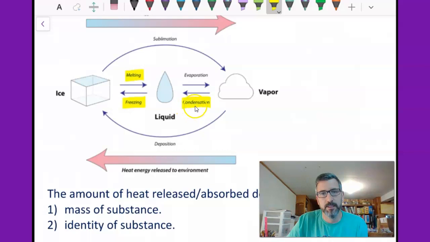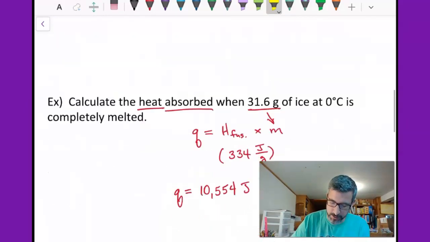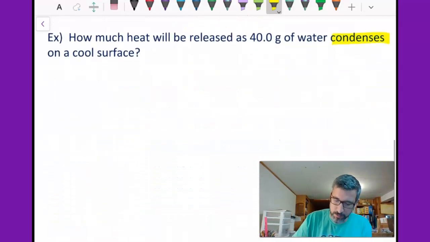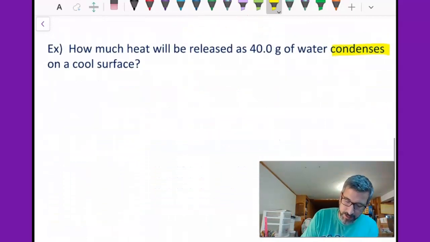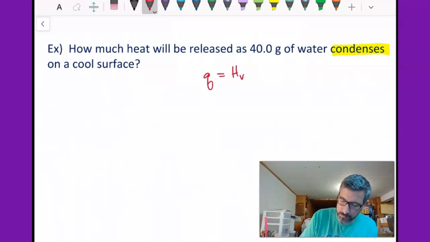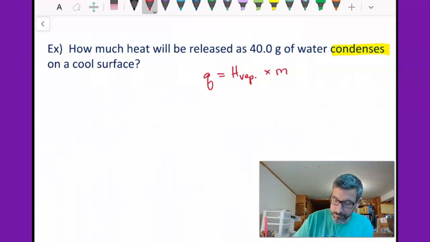Now, over here, though, we're talking about evaporation versus condensation, and the question is asking us about condensation. That amount is going to be different, and it's actually not called heat of fusion anymore, it's called heat of vaporization. So we have a new equation that we're going to be using here, but it's essentially the same thing. It's just Q equals heat of vaporization times mass.